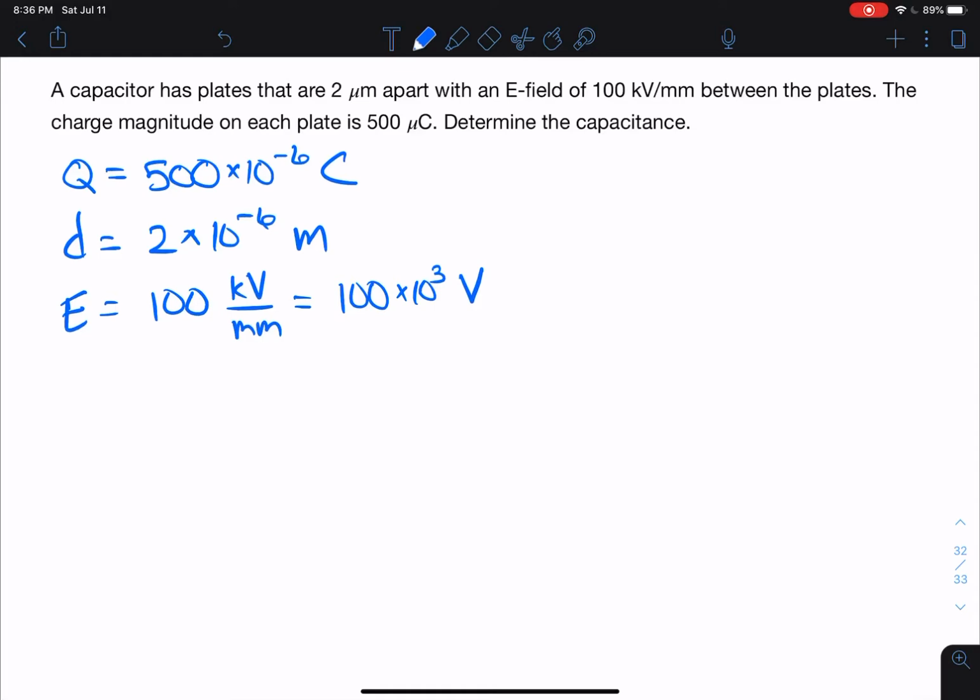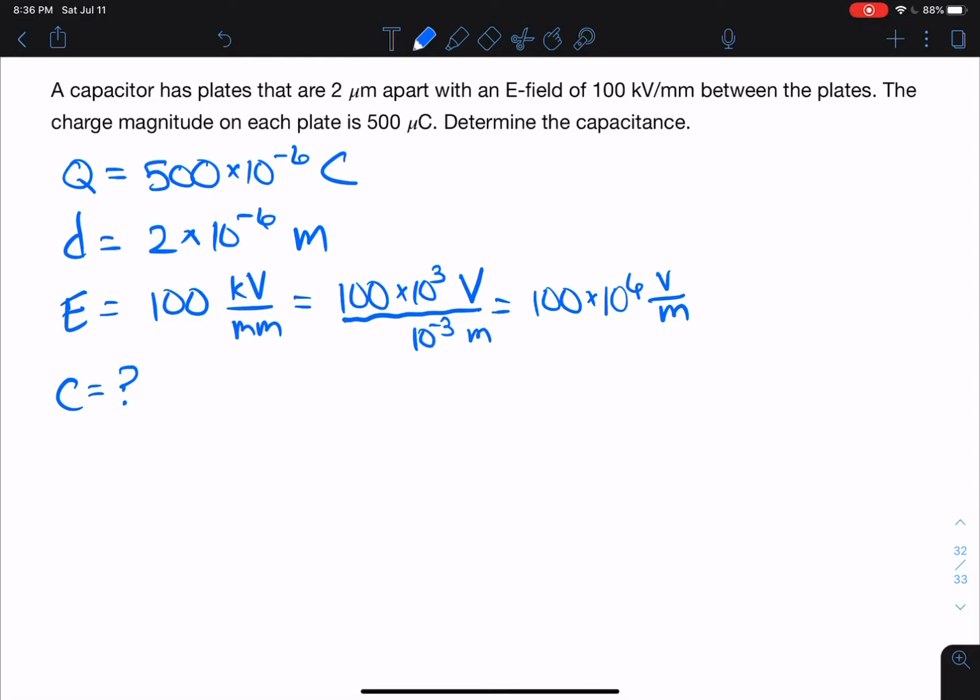Now millimeter, milli is 10 to the minus 3, so this is all divided by 10 to the minus 3 meters, which works out to be 100 times 10 to the sixth volts per meter. And we're looking for the capacitance.